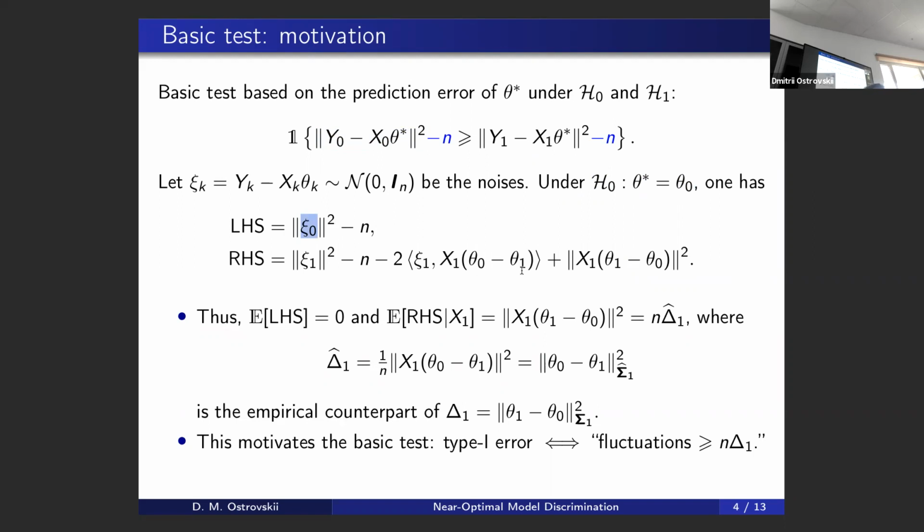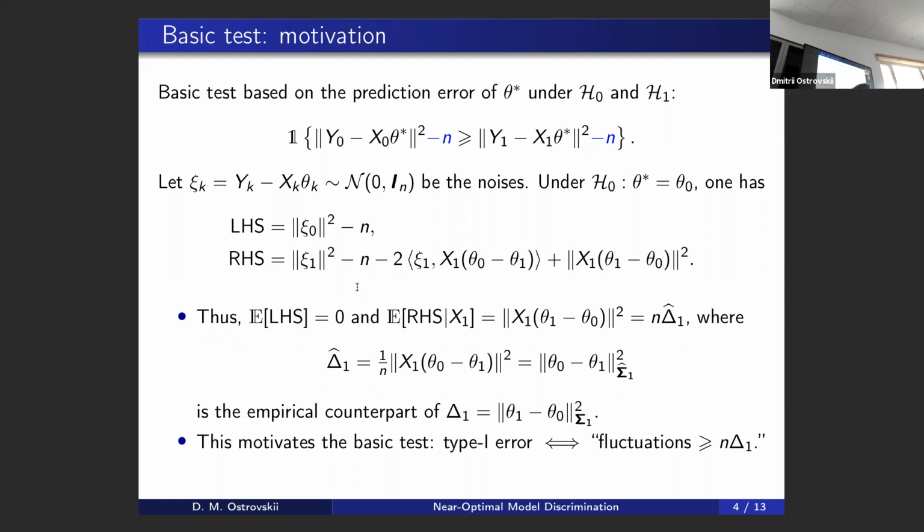And the right-hand side is going to be chi-square with n degrees of freedom plus the cross term plus the offset term, which is the squared norm of theta_1 minus theta_0 related to X_1.